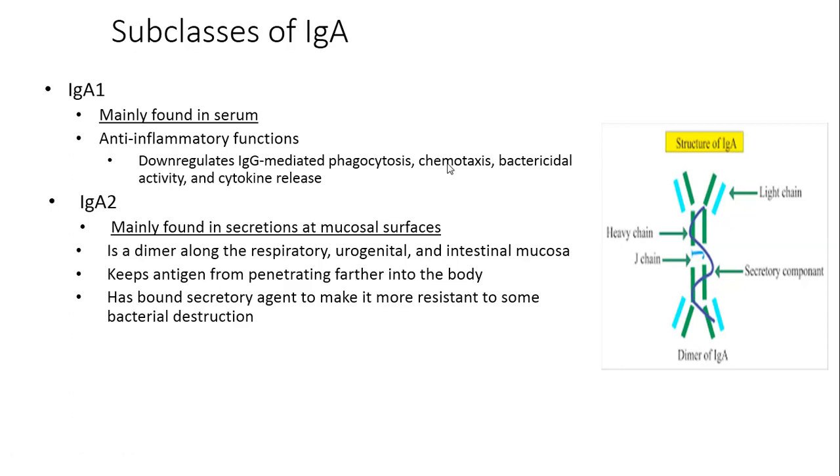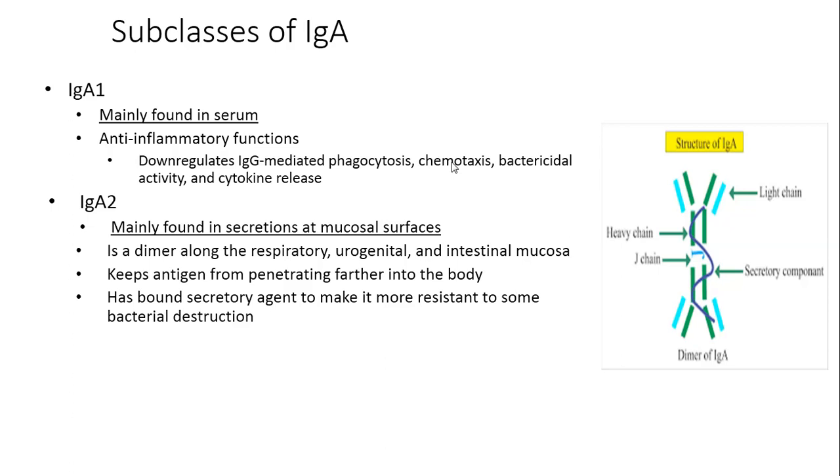There's evidence of being able to kill bacteria. So we have cytokines that get released, the bactericidal cytokines, as well as those chemotactic cytokines. So IgA1 is very useful as an anti-inflammatory reagent, but not so much what we think of as the real purpose of IgA.